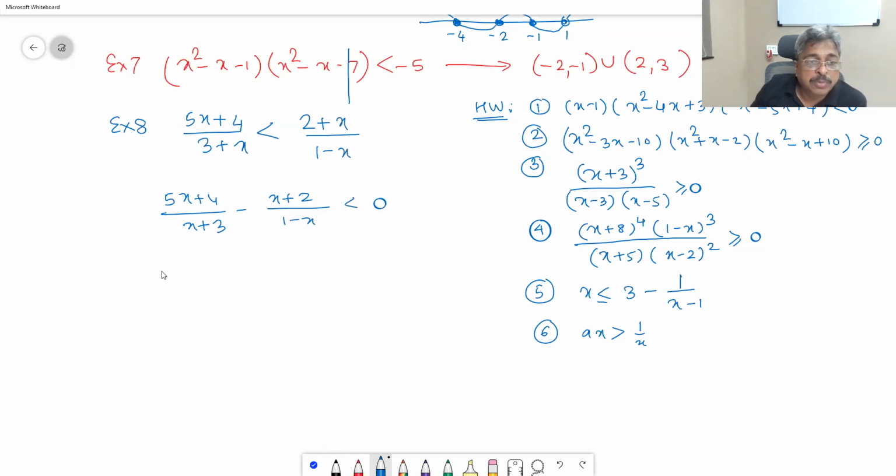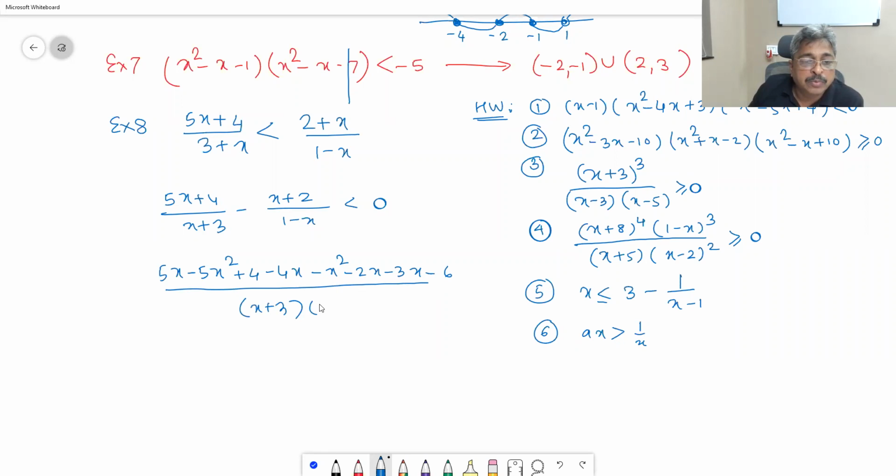I can cross multiply, so 5x minus 5x square plus 4 minus 4x minus x square minus 2x minus 3x minus 6 divided by (x plus 3)(1 minus x) is less than 0.